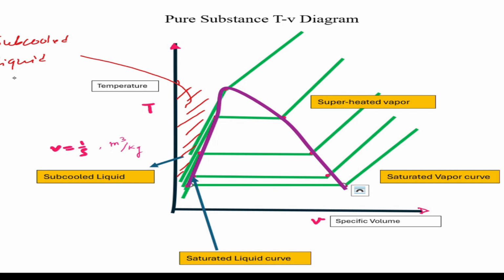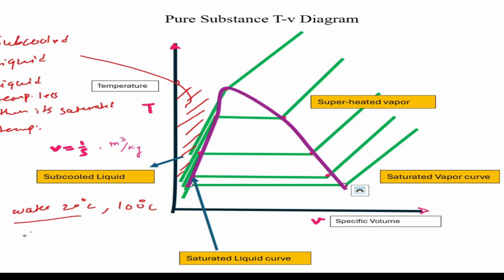Subcooled means the liquid temperature is less than its saturated temperature. For example, we have water at 20 degrees centigrade.